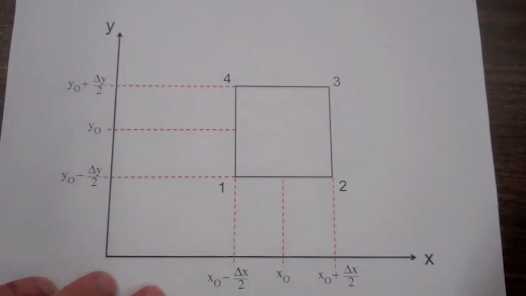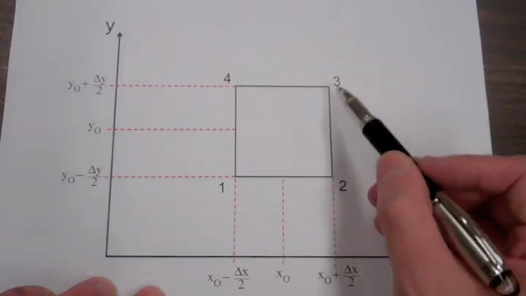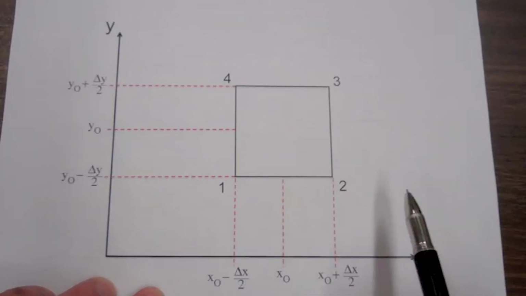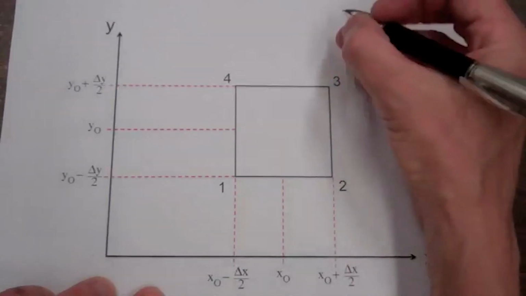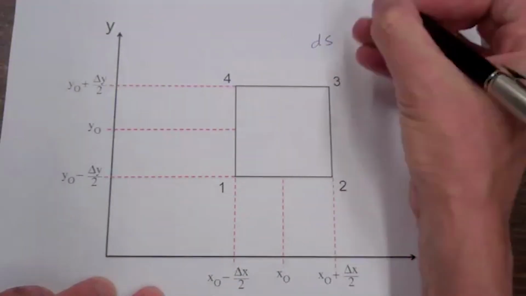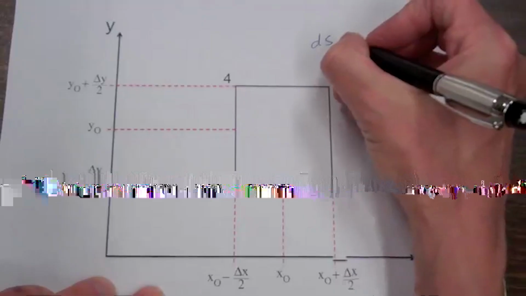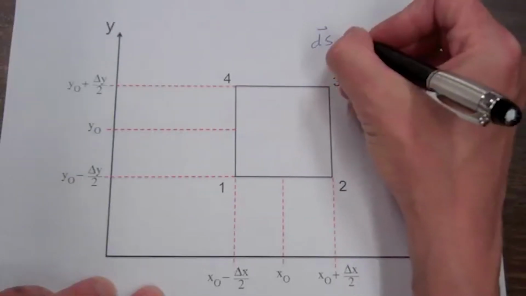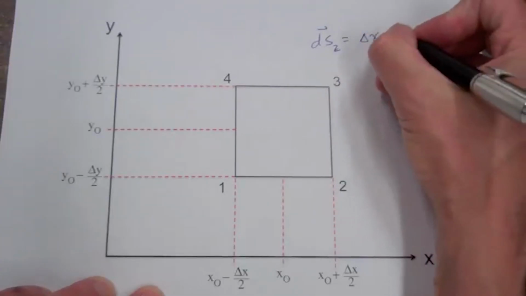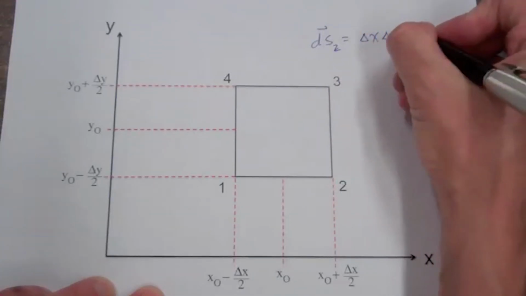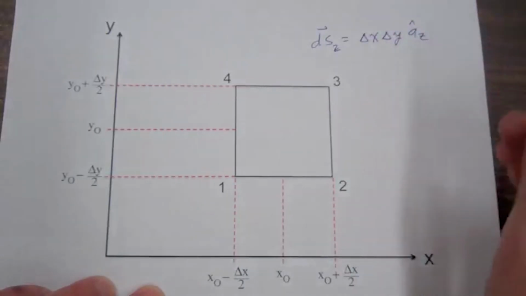We will first find the component of the curl in the z direction. So here we have a differential path in Cartesian coordinates of side delta x and delta y. Okay, so the differential surface element d sub z is equal to delta x delta y, unit vector in the z direction.